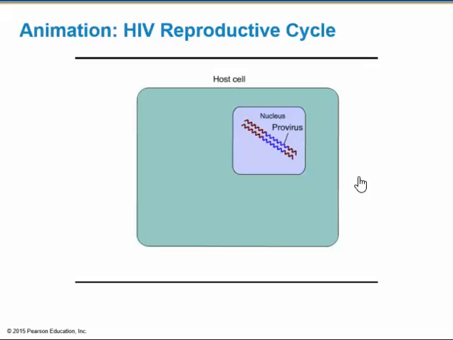Occasionally, the provirus is transcribed into RNA. This RNA serves as both messenger RNA for the formation of HIV proteins and as genetic material for the next generation of viruses. Protein coats form around viral RNA and reverse transcriptase molecules. Viruses bud from the host cell, acquiring envelopes as they leave.